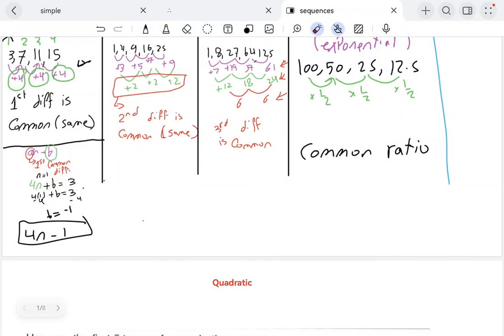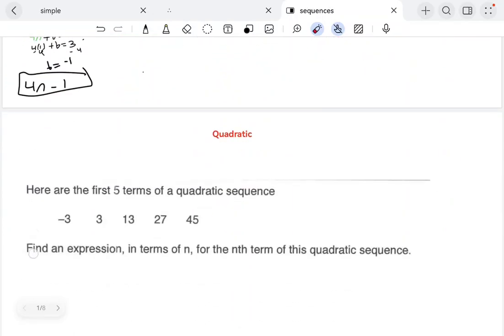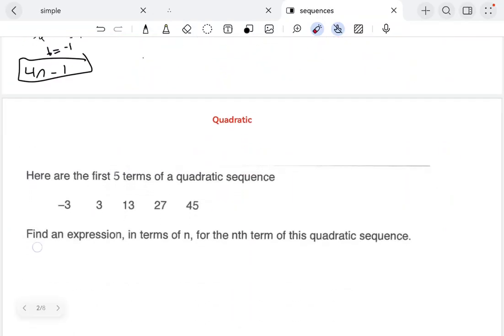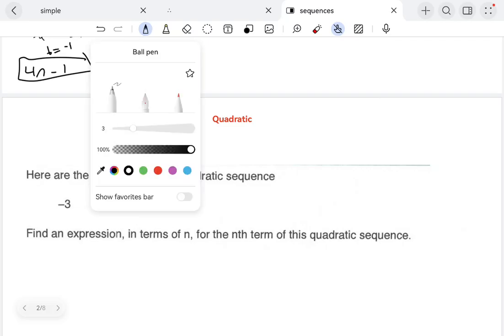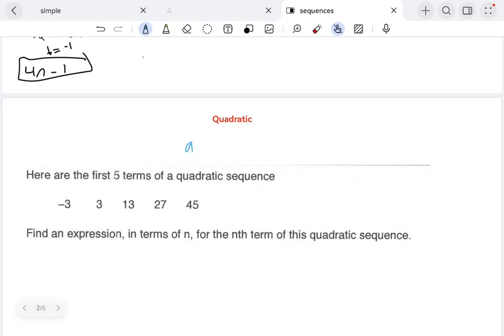Quadratic, because it needs space, I'll do it right here now. So quadratic is an squared plus bn plus c. We have 2 ways to do it, actually. I know that there is a certain way used in our schools, so I'll start with this way.